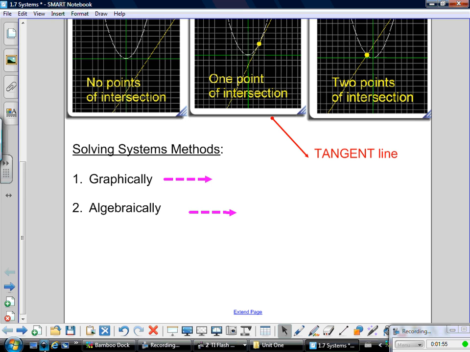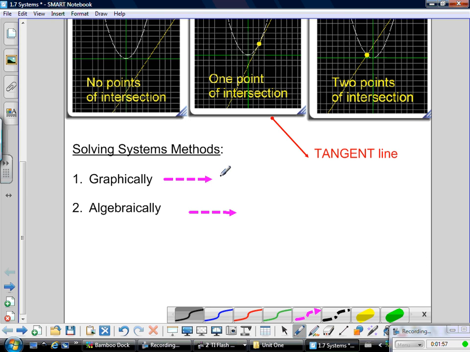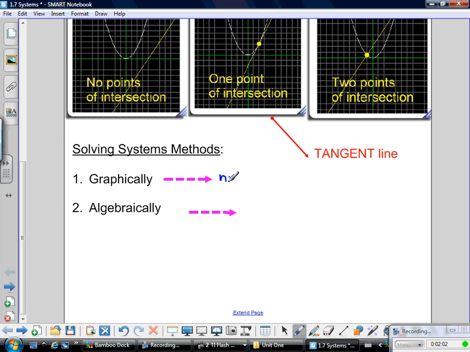But the problem with it is it's not very accurate, so I'm not going to spend any time on it, because you would have to graph the parabola, you would have to graph the line, and then hopefully they intersect at exactly one spot that you can read on a graph. Reading a graph is a little bit harder to do if the point of intersection is between the grid.